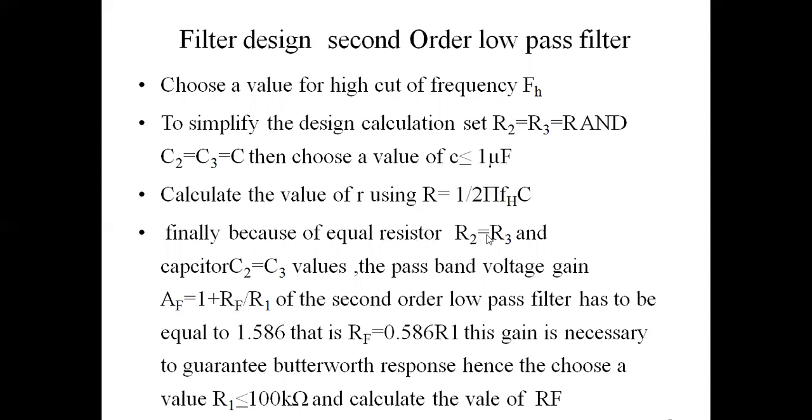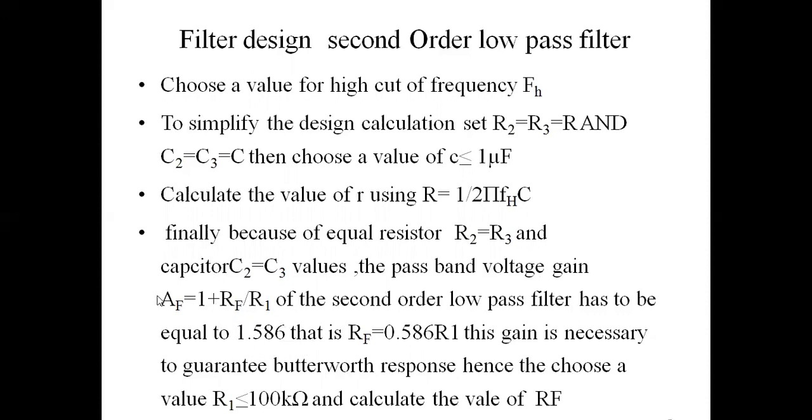Finally, because of equal resistors R2 and R3 and equal capacitor values C2 and C3, the passband voltage gain AF, which is equal to 1 plus RF by R1, of the second order low pass filter is equal to 1.586.